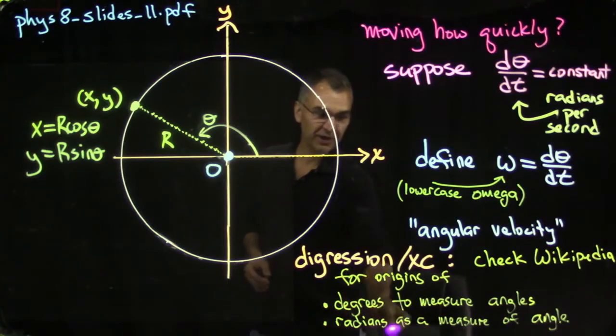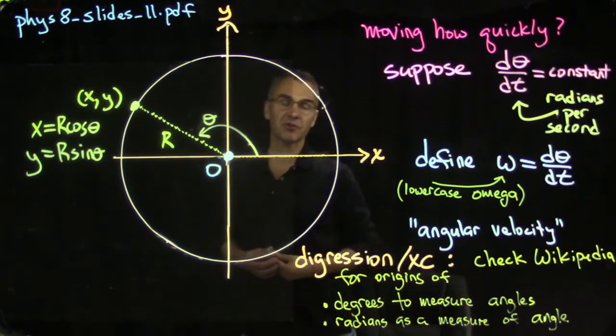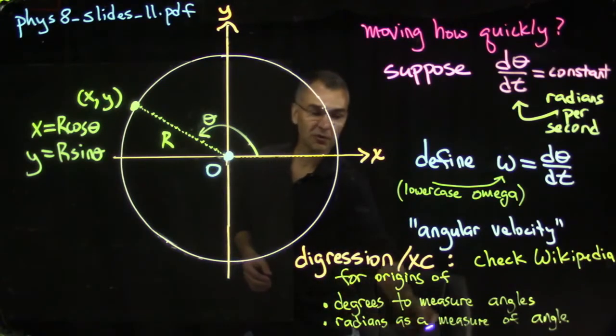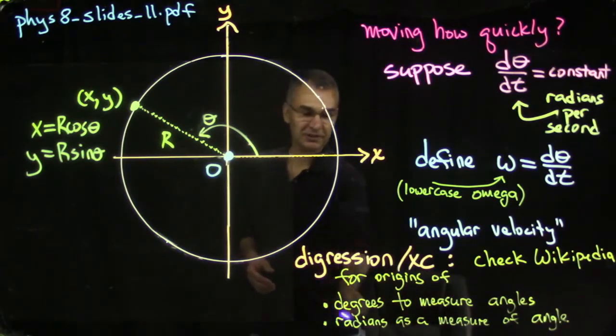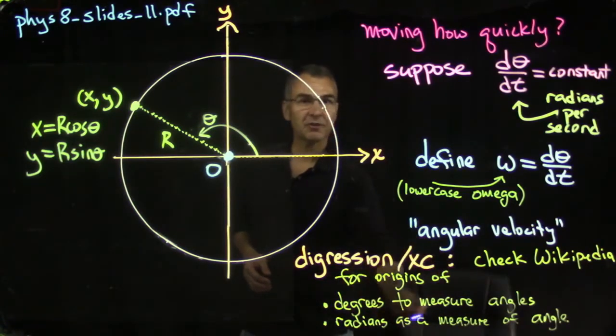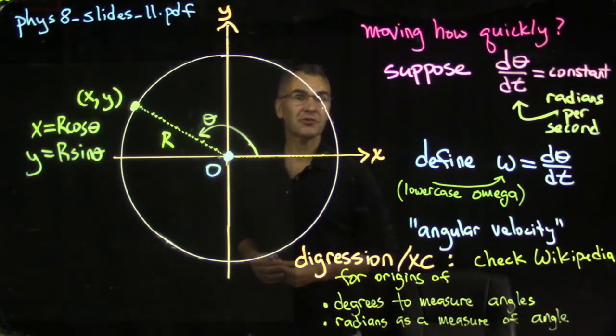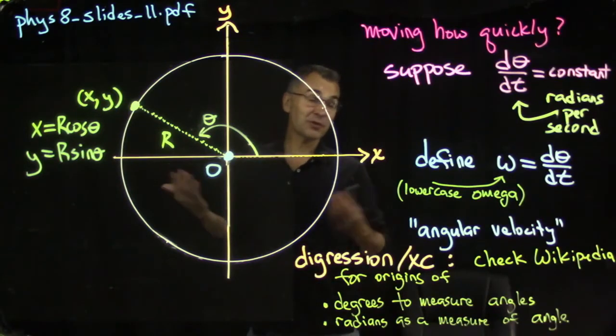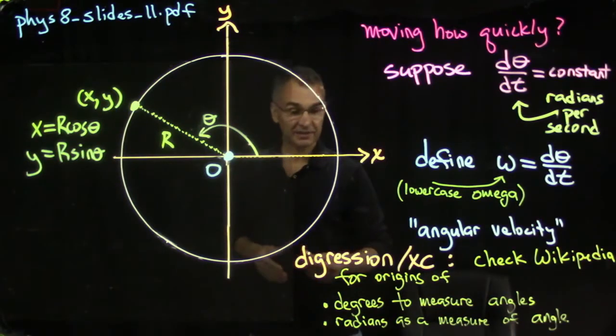The use of radians seems more recent, so it seems to have a better established history. If you're curious, and if you want to earn an extra credit point or two, then look these things up and let me know what you find. If you do this, you should summarize in your own words, not just copy-paste. I can read the Wikipedia as well as you can, but I want your synthesis or your synopsis.